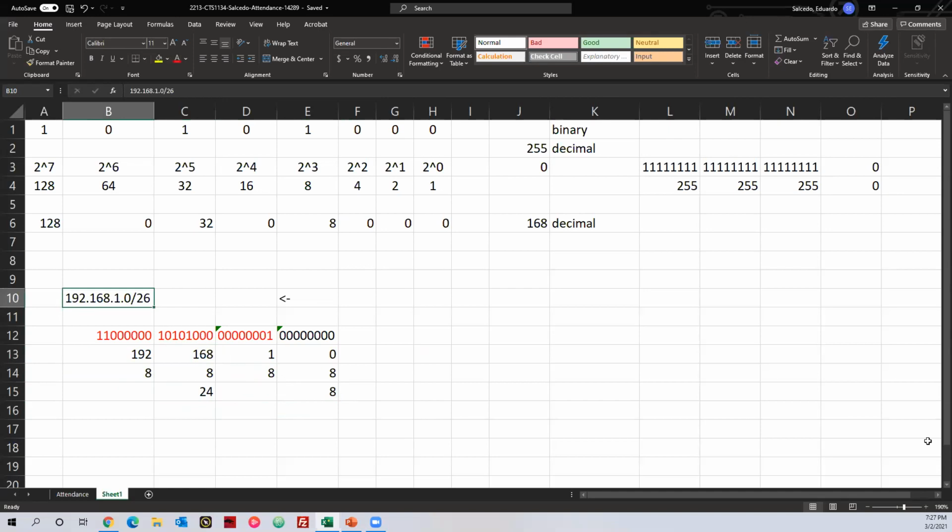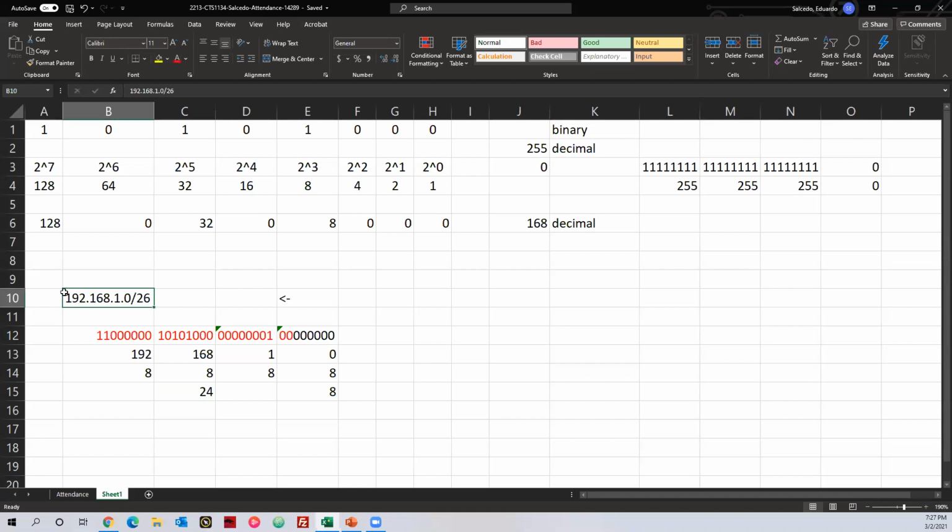The /28 is telling me that I am borrowing 2 bits, these 2 bits, to create subnets within my network, right? First, I didn't get the 24. Can you explain again how you got the 24? Yes.